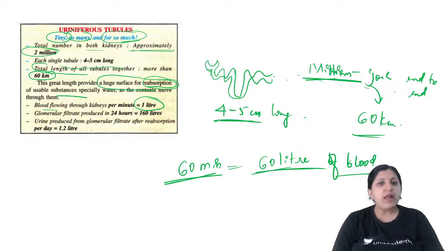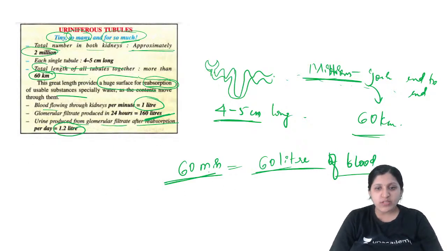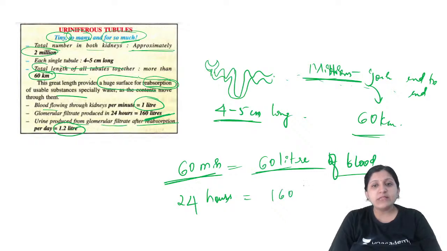The glomerular filtrate produced in 24 hours is 160 liters. From this 160 liters, reabsorption is going to occur. For 24 hours, it is 160 liters of glomerular filtrate, not the blood.